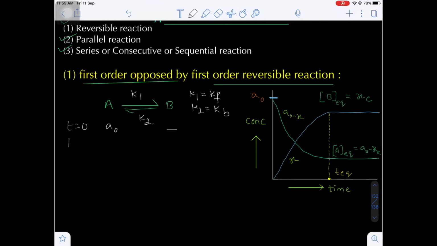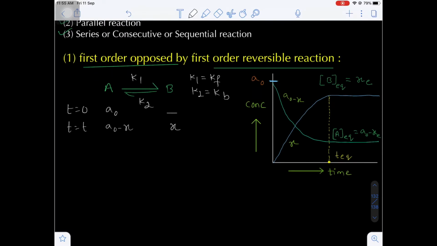Now at a certain time interval T, let's suppose X moles of reactant A are consumed. That means the remaining moles of reactant will be A0 minus X, and X moles of B will be formed, because the stoichiometry is 1:1. Let's suppose the system attains equilibrium.